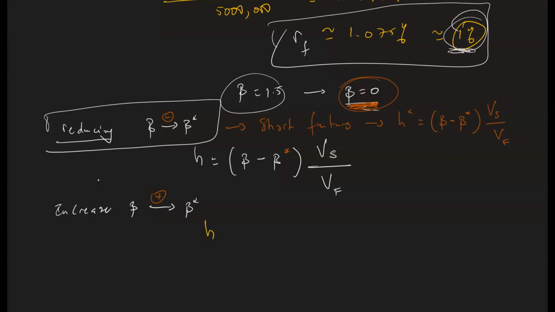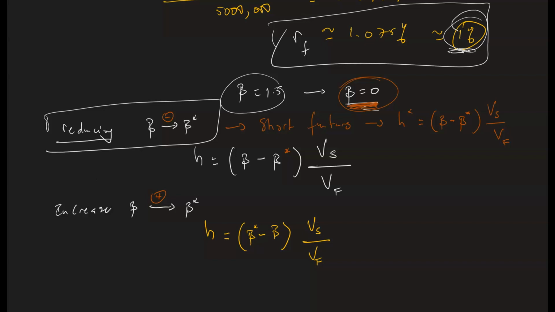We would need a hedge ratio that's going to be equal to, this time, beta star minus beta. It's very similar to what we have, except that we are flipping the betas, multiplied by the value of our portfolio divided by the value of our futures contract. And the process is the same as what we did earlier.